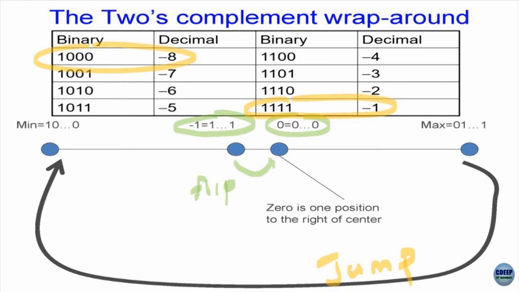So there is an inconsistency of some sort. The max and the min values are only one bit apart, whereas the representations being one apart doesn't amount to them being neighbors, because the max and min are the most separated. Okay, so this is the 2's complement wrap around illustrated.